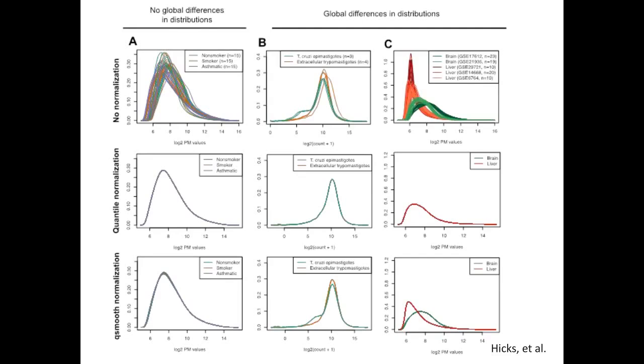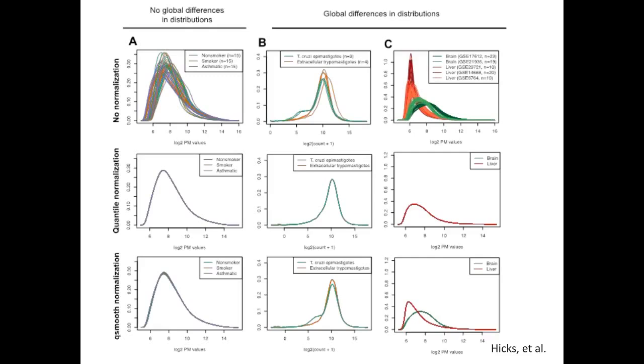So let's look at the top left corner of this plot, just to get a quick understanding of normalization. Here, what I'm displaying are 3 different data sets. Each column represents a different data set. Each line is the distribution of counts. Here it's actually log 2 CPM values, but let's just imagine it's the log counts.